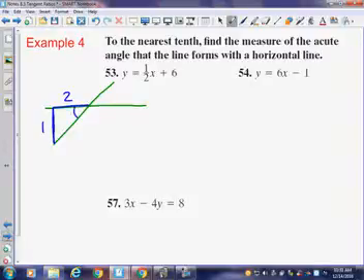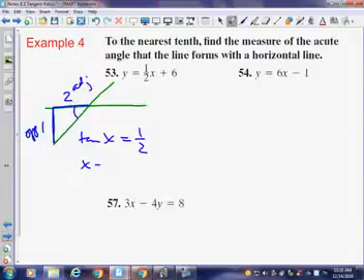So they're talking about find the measure of the acute angle up here where they intersect when the two lines cross each other. So that's going to be opposite over adjacent. So that's going to be tangent of x equals 1 over 2. And that's how they determined that tangent of x is equal to slope.